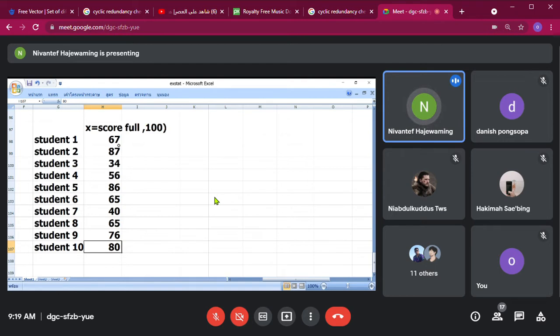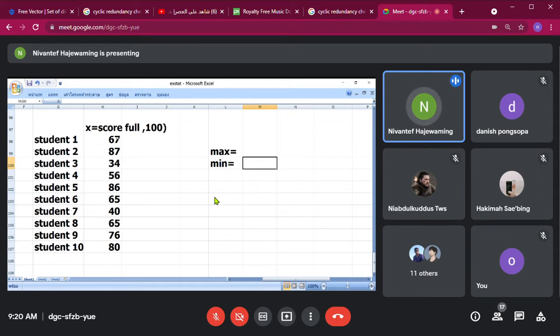You can find the maximum and minimum of your scores. This is X, raw data. We don't do anything with this data yet. When you examine, you get this score, and then we will grade it.